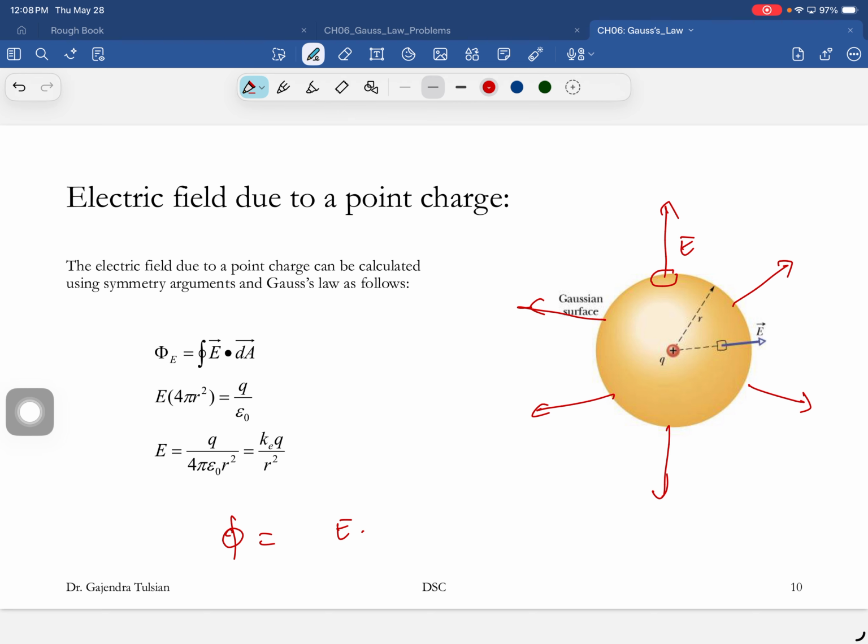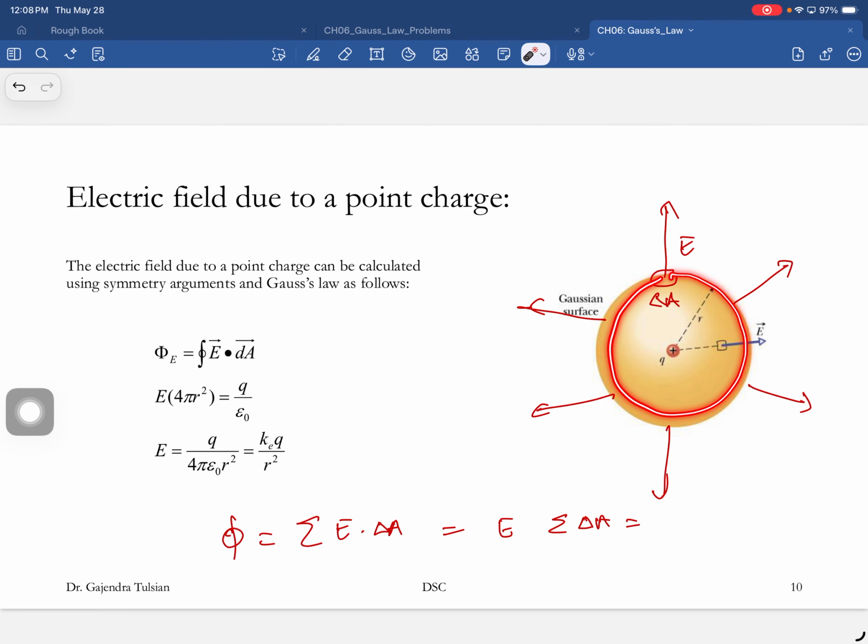Only this face and this face contribute. So this will be E times area plus E times area, and that should equal the charge inside divided by epsilon naught.